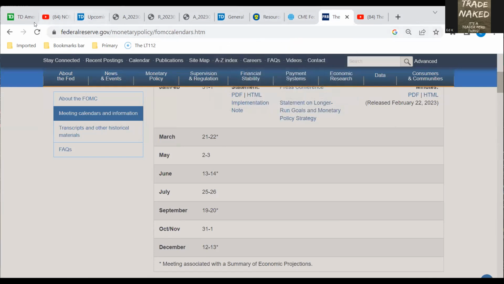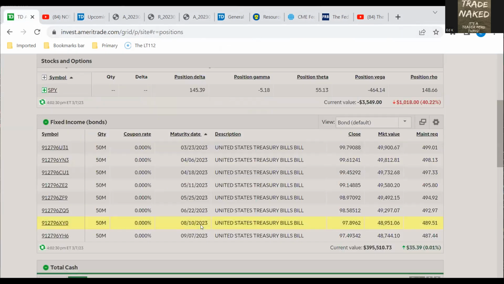So there are different ways to do a T-bill ladder. This is a pretty sophisticated one because I've really gone out. I started at a 1 and 2 month. And then as I got into it and got more and more comfortable, I started adding more. And now I have them spread out by month.